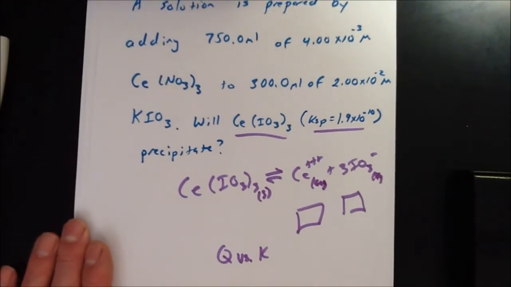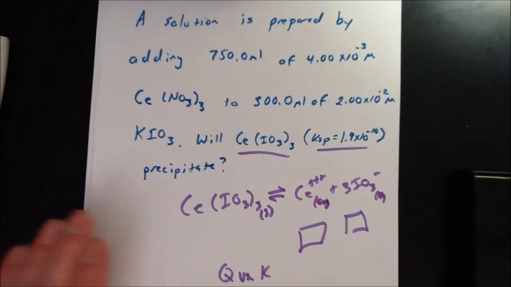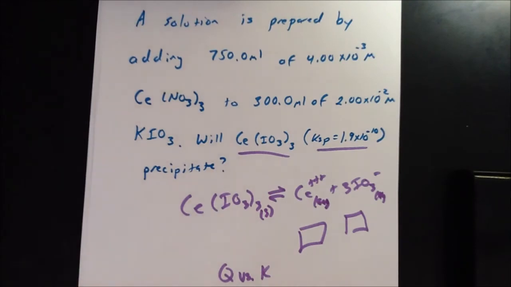So I need to get some concentrations. The problem is I'm given concentrations, but I'm also given two volumes. So I got to run through some concentration calculations here real fast. I'll start with the first one, and it's 4 times 10 to the negative 3 molar times 0.75 liters.